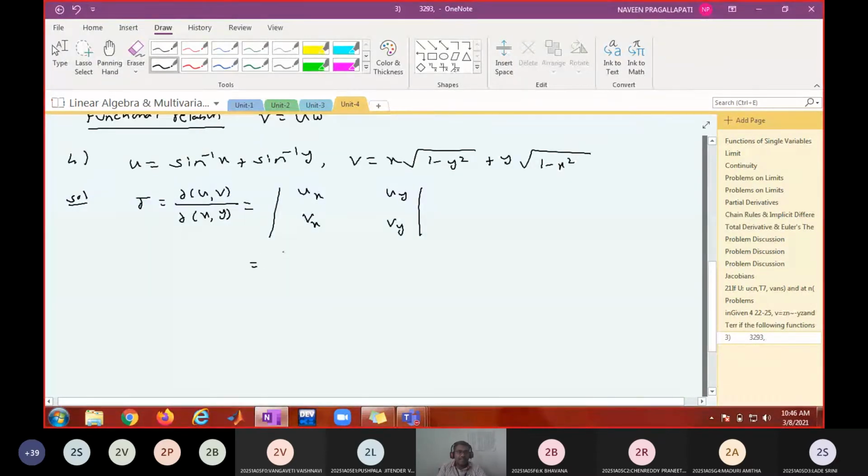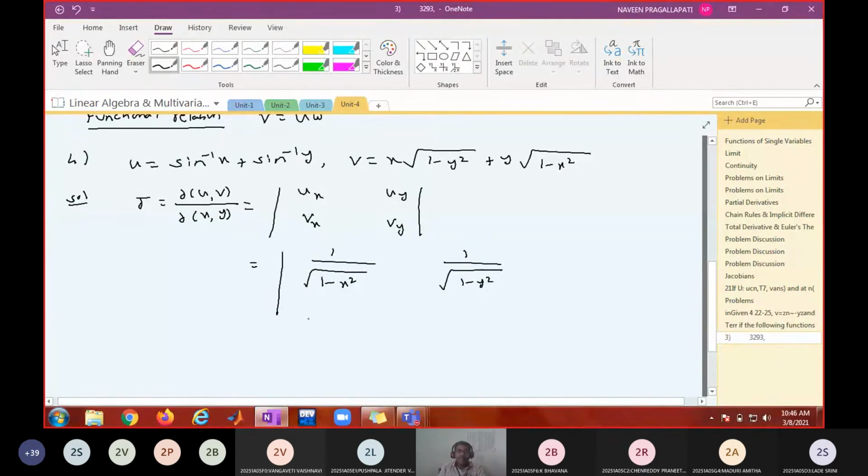So what is sin inverse x derivative? 1 by root 1 minus x square. Sin inverse y derivative with respect to x is 0. 1 by root 1 minus y square. And what is Vx?